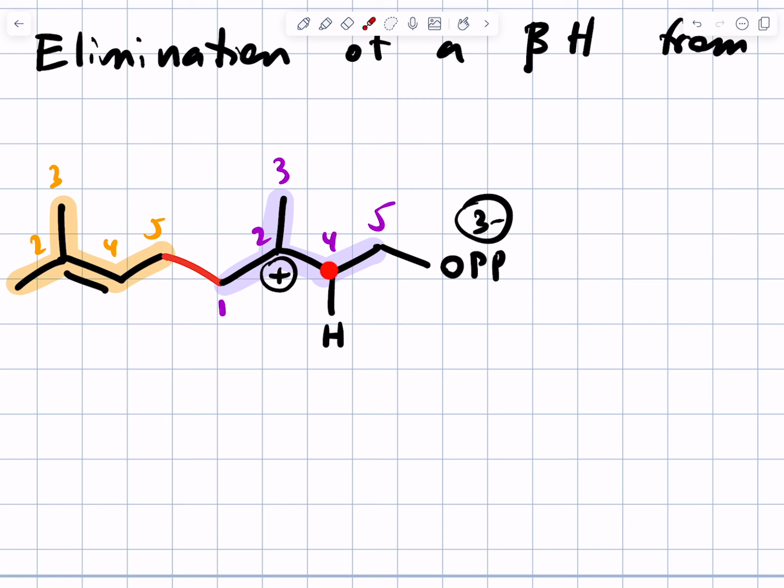And the answer is the enzyme must control the regioselectivity. At least you could argue that if the pi bond goes here, it's a tri-substituted alkene, whereas this would be a di-substituted alkene, and more substituted alkenes are more stable. But there's no difference in substitution if the pi bond goes over here.